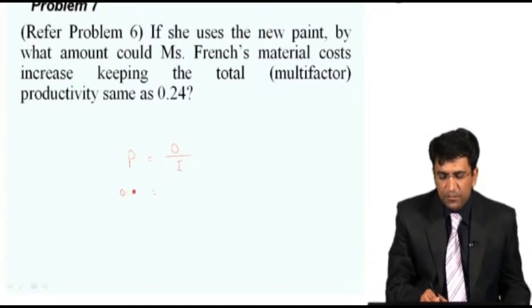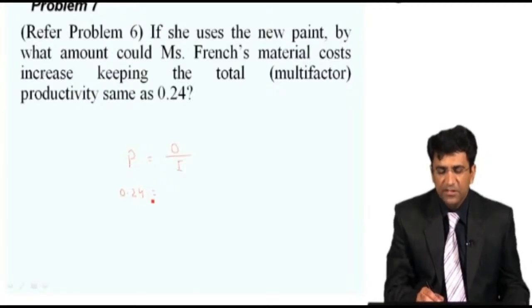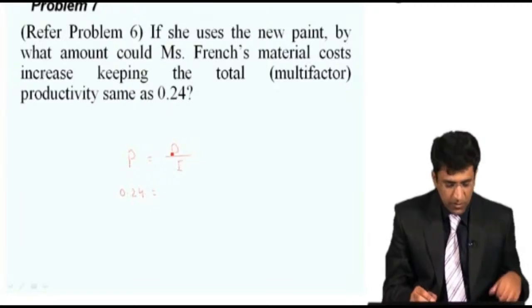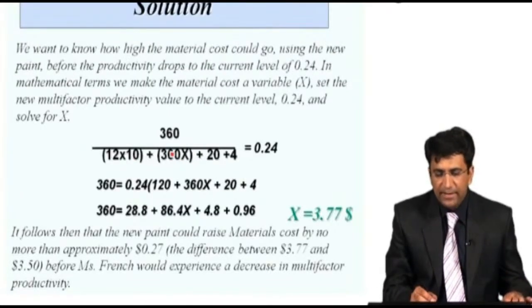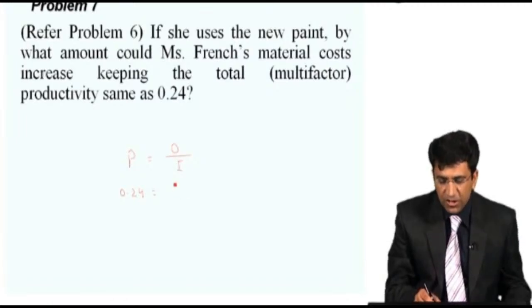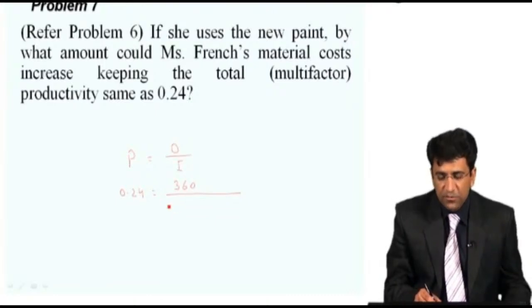So we can put this 0.24 on the left hand side of this equation. Now what is the output? You can see from the previous example that our output for the new paint is 360. So this 360 will be here. Our labor cost is again the same, which was 12 multiplied by 10.